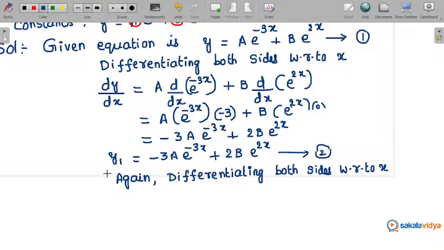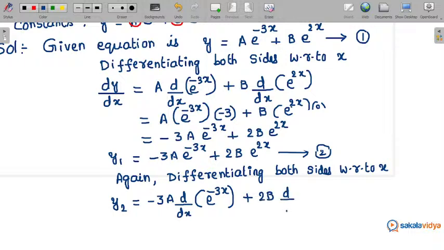See, y1 derivative becomes y2, or dy by dx derivative is d2y by dx square, that we can write y2, and negative 3a is constant, d by dx of e power minus 3x plus 2b times d by dx of e power 2x.